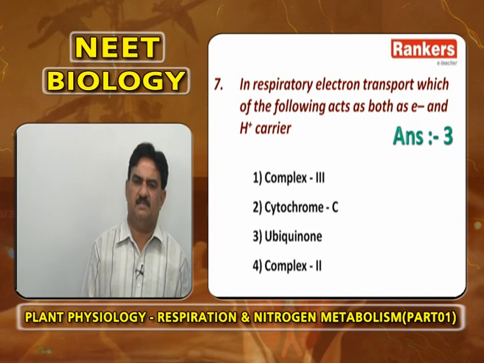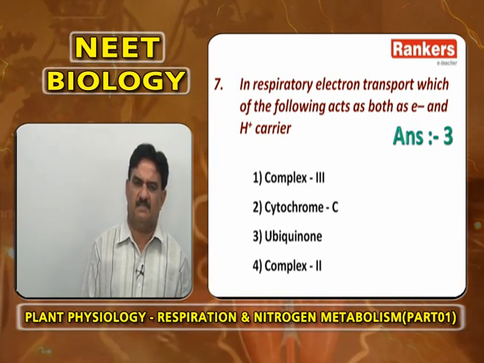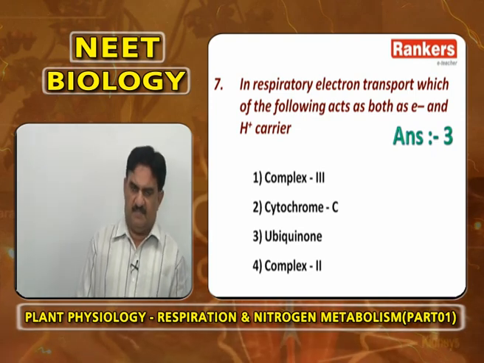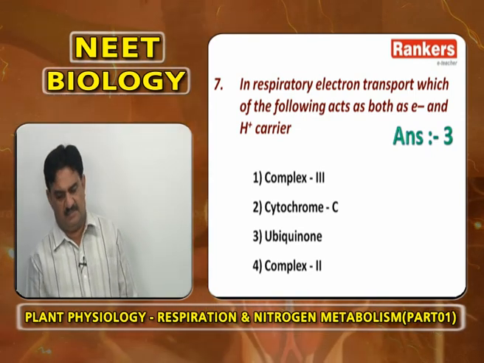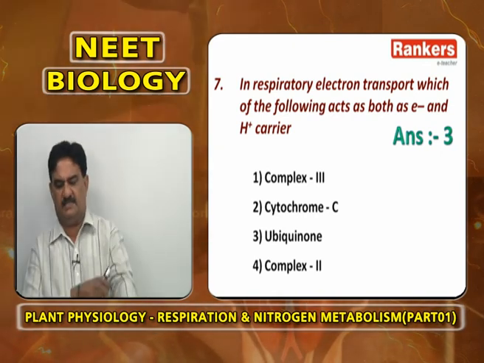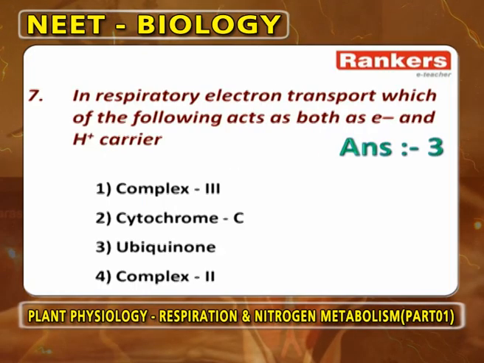Immediately by taking protons, it converts into ubiquinol. Ubiquinol liberates electrons into complex 3 and again becomes ubiquinone, which resembles the quinone cycle of photosynthesis. So the answer is ubiquinone, the third option.